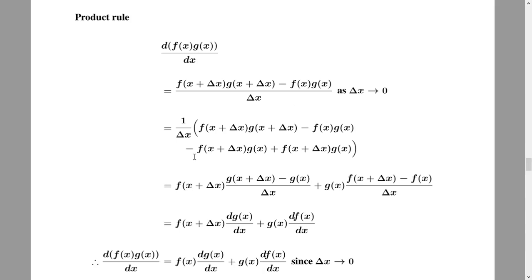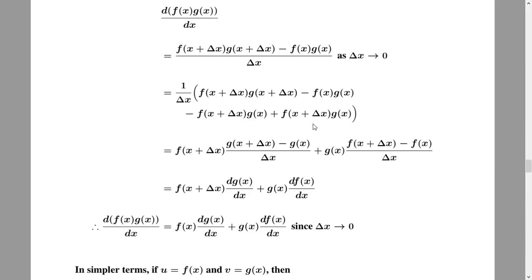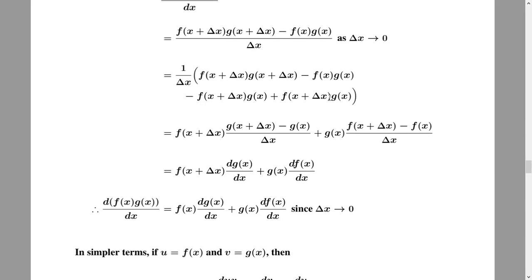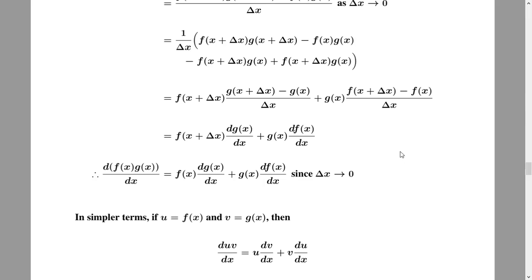Now you add and subtract this term to the numerator, and then by rearranging, what you will find is this can be rewritten as f of x plus delta x times this plus g of x times this. This fraction here is nothing but the derivative of g of x with respect to x, and this is the derivative of f of x with respect to x. So we can replace these two fractions with these two derivatives.